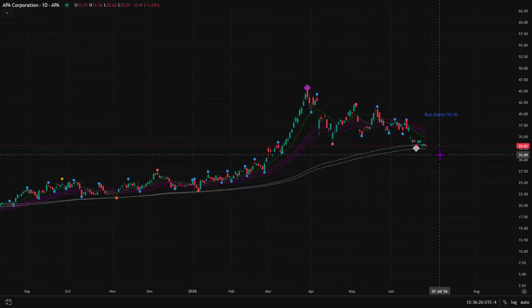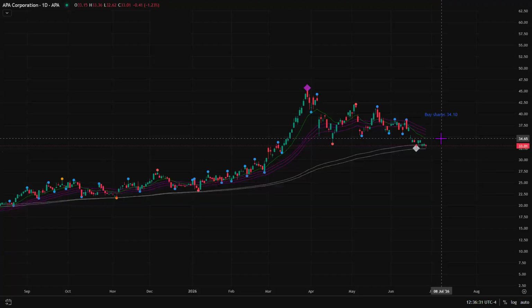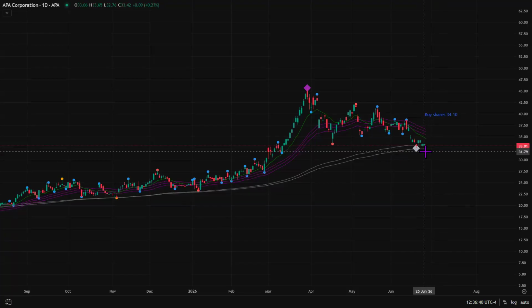So if I get put 32.50 shares, then I am going to sell calls against them. And if I make my premium by Thursday, the $200, then I'll probably sell puts again.